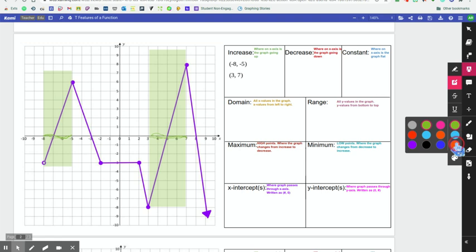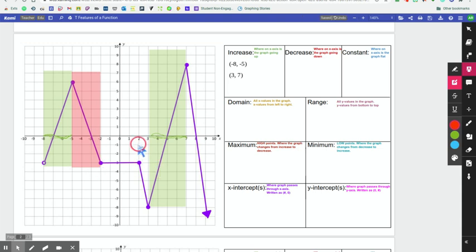Section 2. What's another section? Section 4. Very good. And we have one more that's going to be going down. Section 6. Okay.